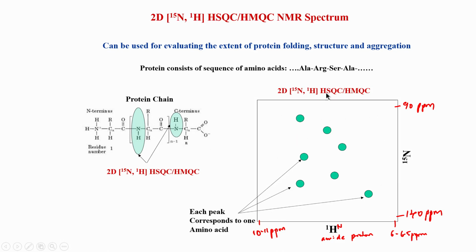So, this is how the N15 proton HSQC or HMQC spectrum of a protein is analyzed. That means every peak here corresponds to one amino acid, because each amino acid has an NH. But the N terminal residue, not the C, the N terminal residue will not give any peak because of this NH3.